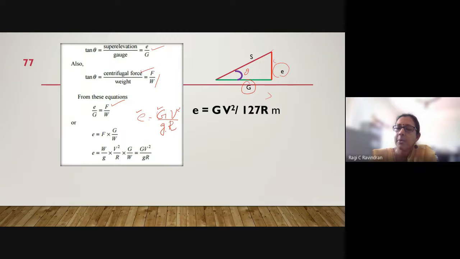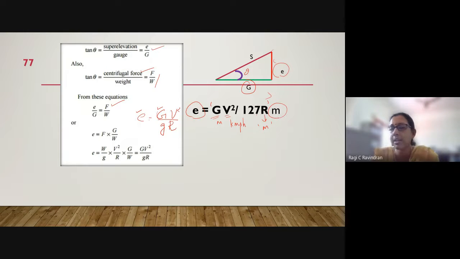So many different types of units are there. After converting everything, this can be rewritten as E is equal to GV square by 127 R, provided you give the gauge in meters, velocity in kilometers per hour, and R again in meters. And you will get the super elevation in meters.